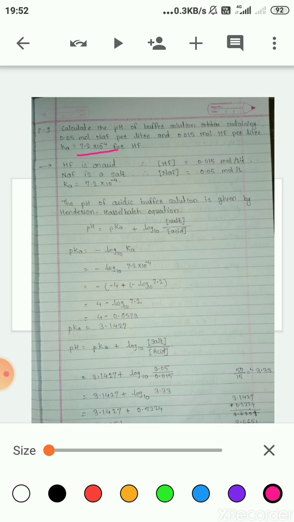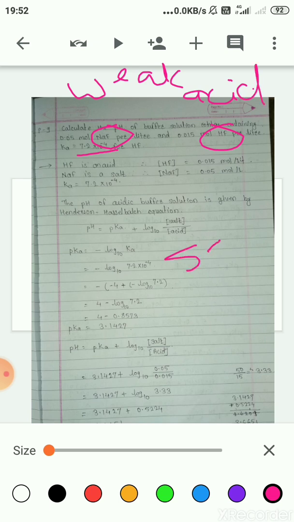Now first, sodium fluoride and hydrogen fluoride: hydrogen fluoride is a weak acid, while NaF is a salt of hydrogen fluoride.